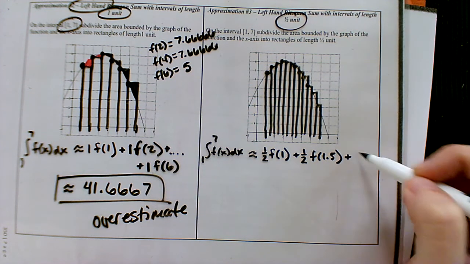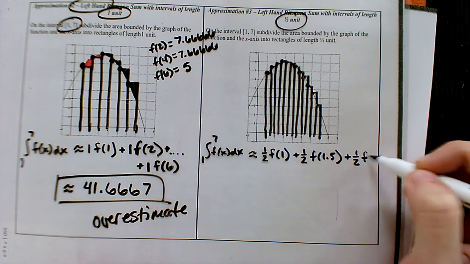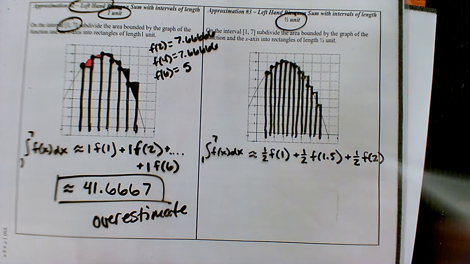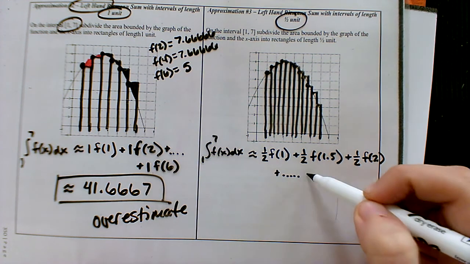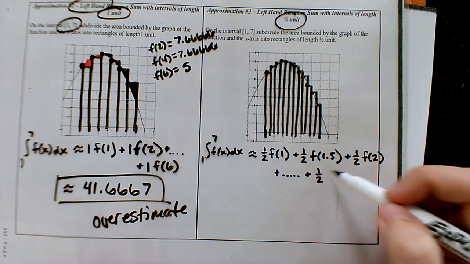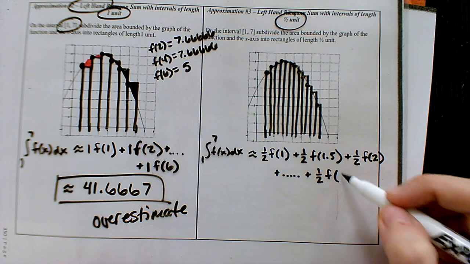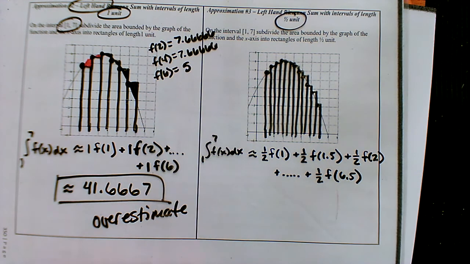Okay. The third rectangle, base of a half, its left endpoint came from 2. Okay, dot, dot, dot, dot, dot. The last rectangle, base of a half, height came from the left endpoint of 6.5.